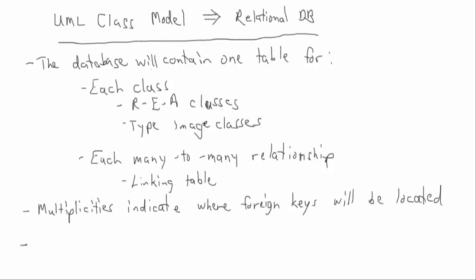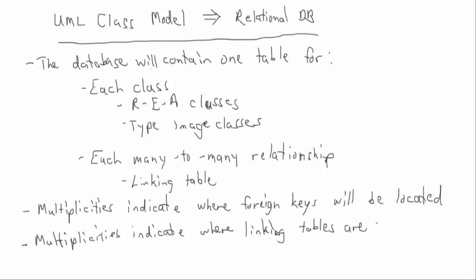And multiplicities can indicate linking tables. So they'll be required for each many-to-many relationship.